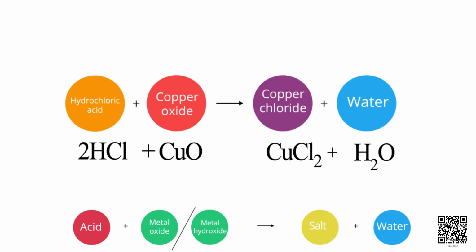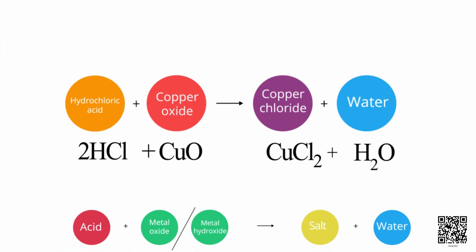We can represent this chemical reaction by chemical equation as 2HCl plus CuO, that is copper oxide, gives us CuCl2, that is copper chloride, plus H2O or water.